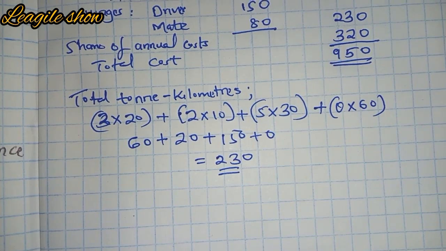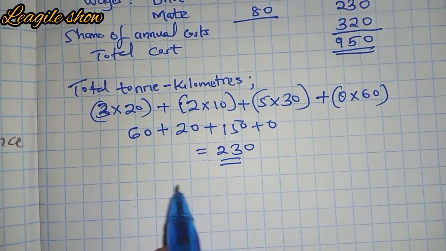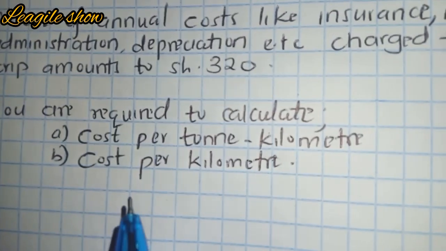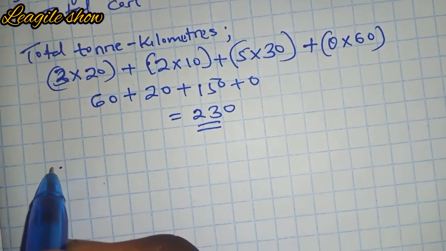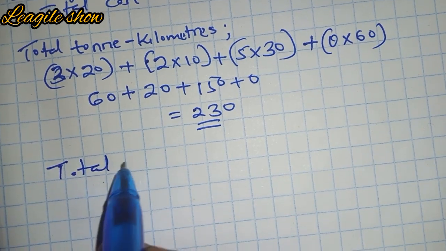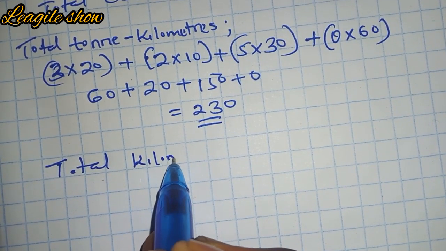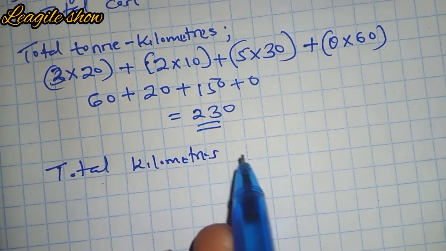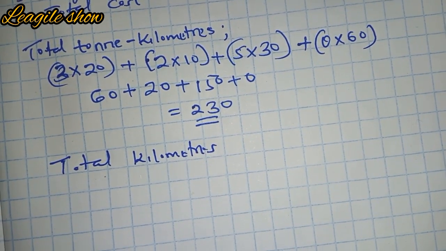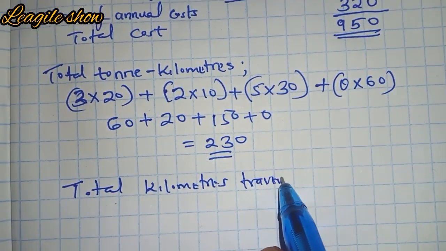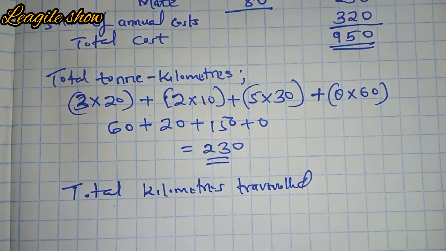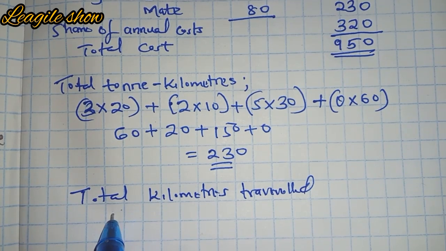So our total ton kilometers, if you add properly, is 230. There's also one more thing that will help us in part B to get the cost per kilometer. That is the total kilometers traveled.